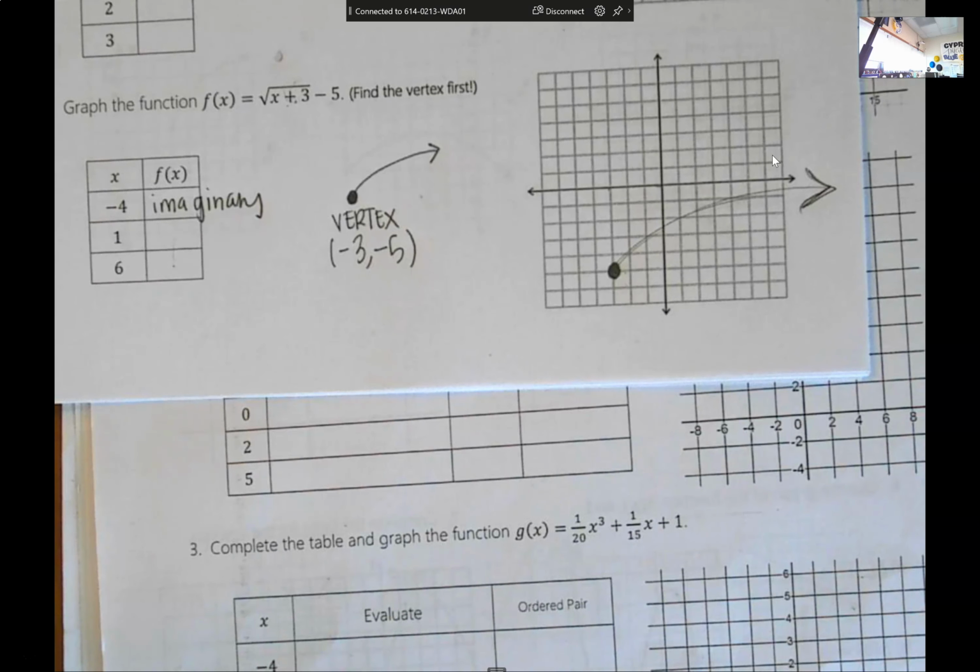Do your graph. You worked it out with her. Yeah, see.